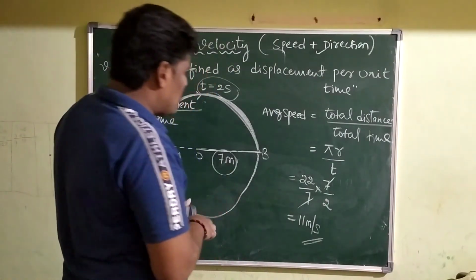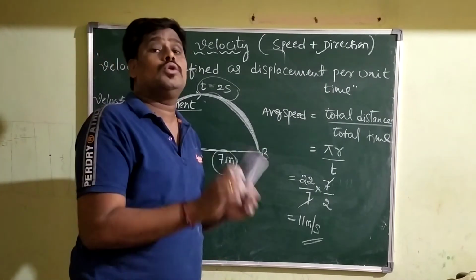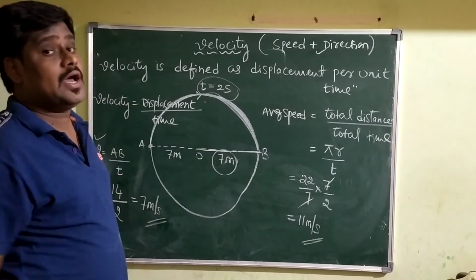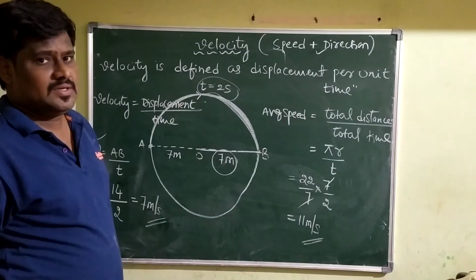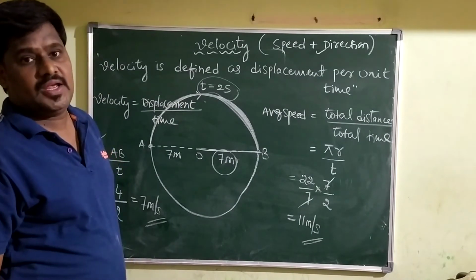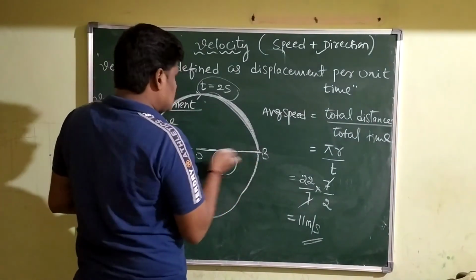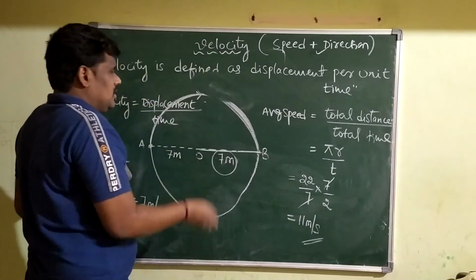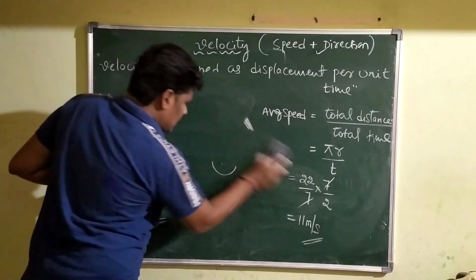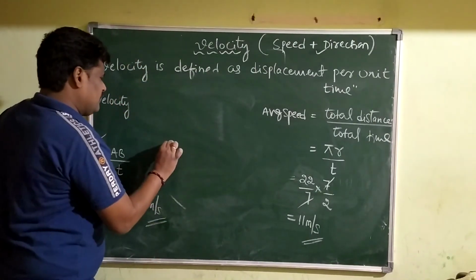And one more important thing I will tell you. When the body has circular motion, if I ask what is the direction of velocity of a body at a point. If you want to know the direction of motion of a body, for example, I will take motion of a body along the circumference of a circle.